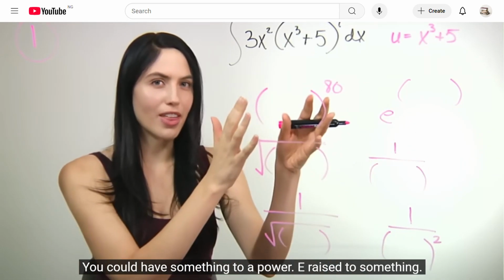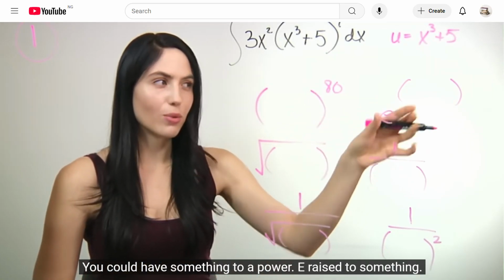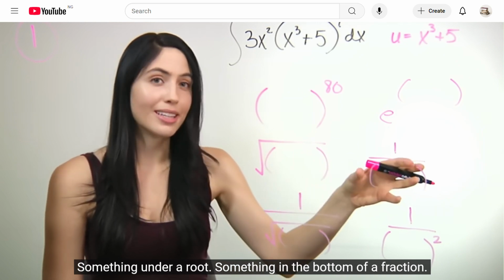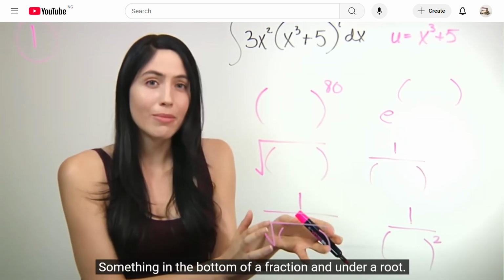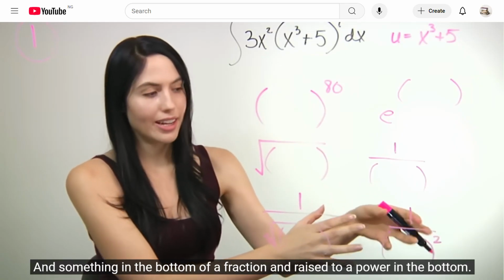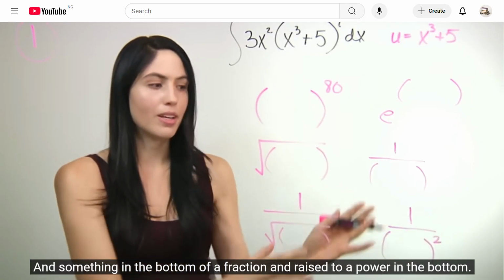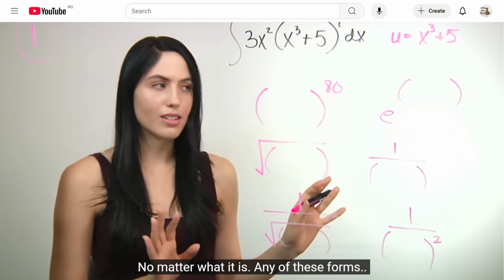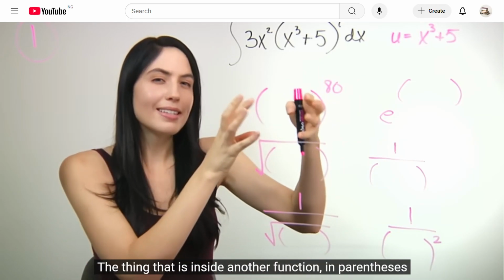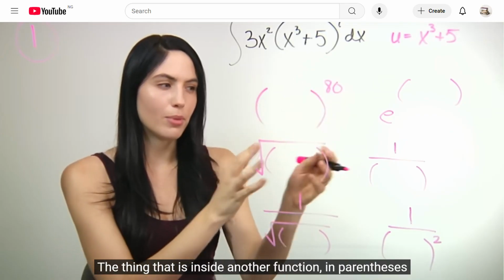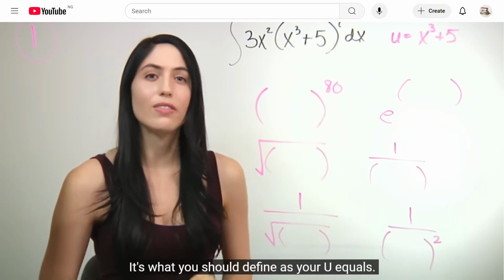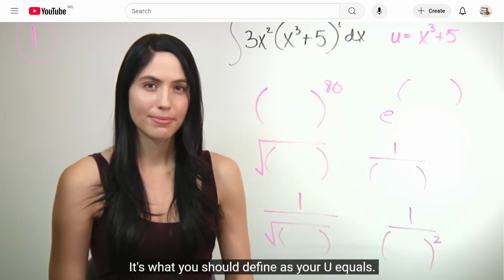You could have something to a power, e raised to something, something under a root, something in the bottom of a fraction, something in the bottom of a fraction and under a root, and something in the bottom of a fraction and raised to a power in the bottom. No matter what it is, any of these forms, the thing that is inside another function, in parentheses, is almost certainly your u expression. It's what you should define as your u equals.